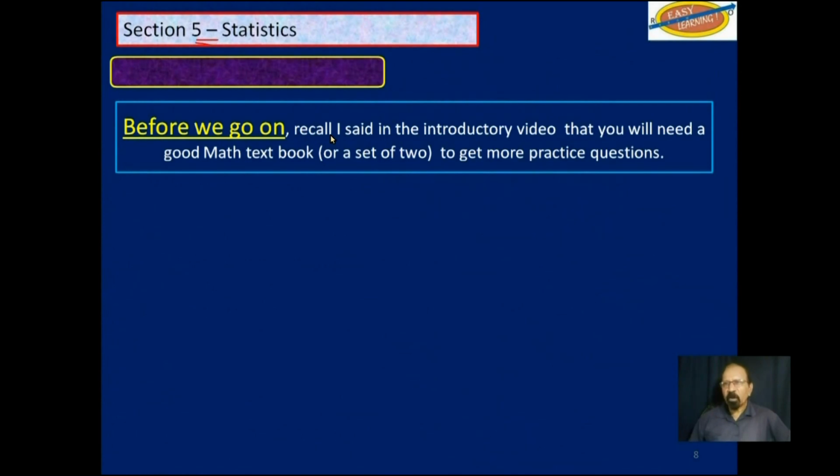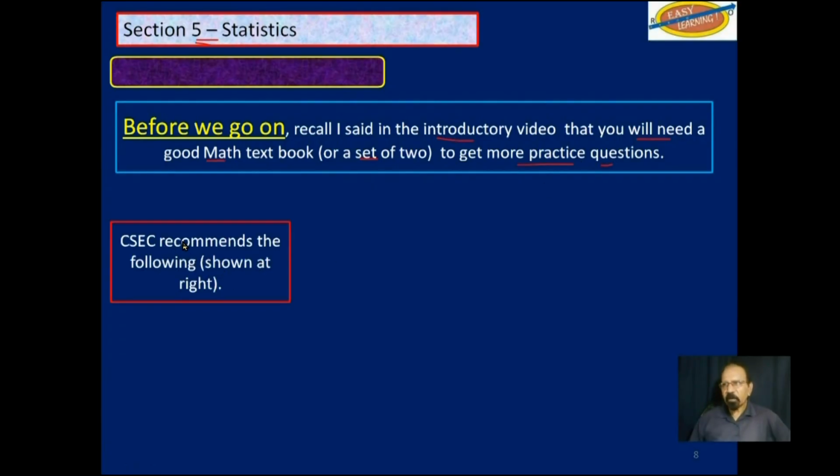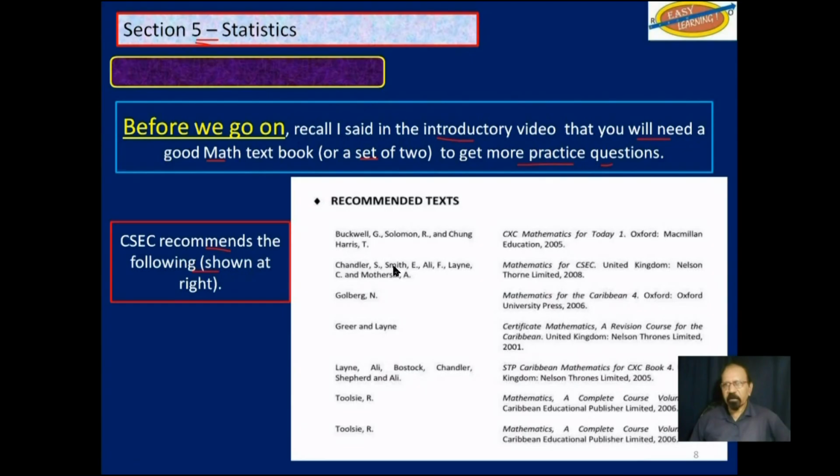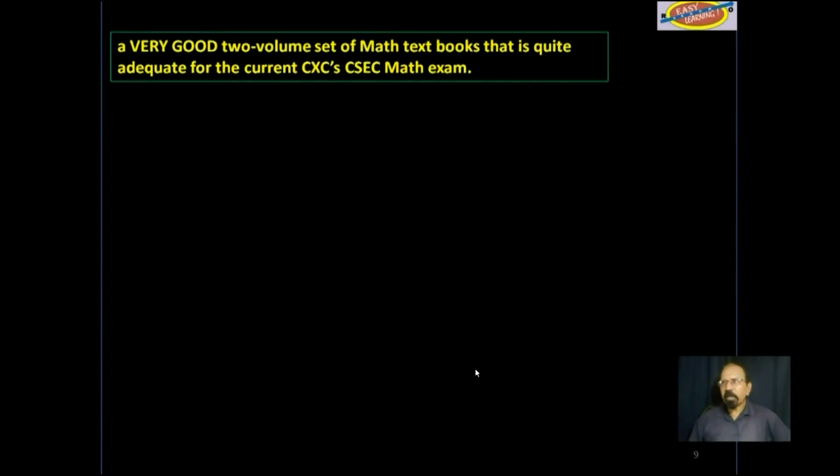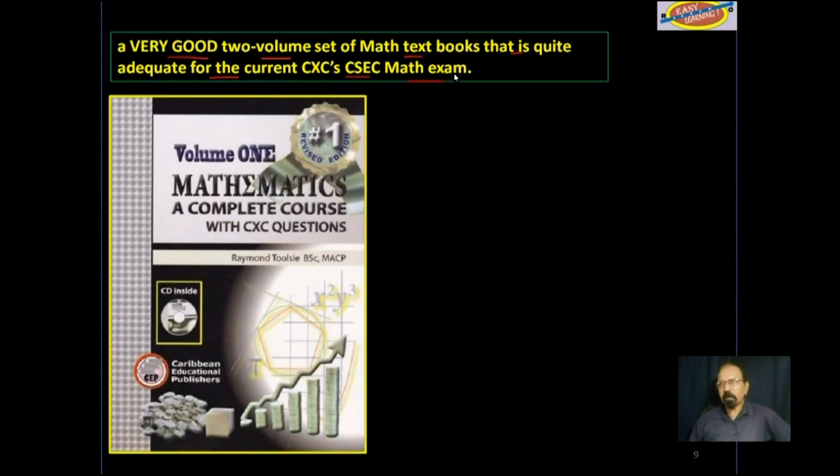Before we go on, recall I said in the introductory video that you will need a good math textbook, or maybe a set of 2, to get more practice questions. CSEC recommends the following, shown at right here. From that, please pay close attention to these 2 down here. They form a very good 2-volume set of math textbooks that is quite adequate for the current CSEC math exam.